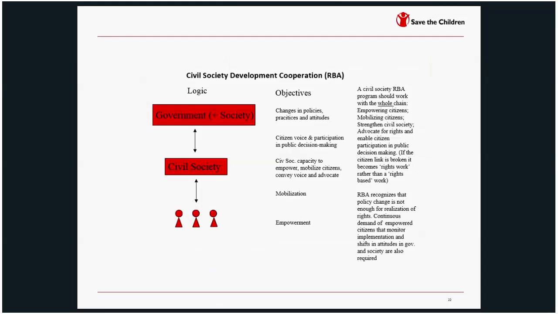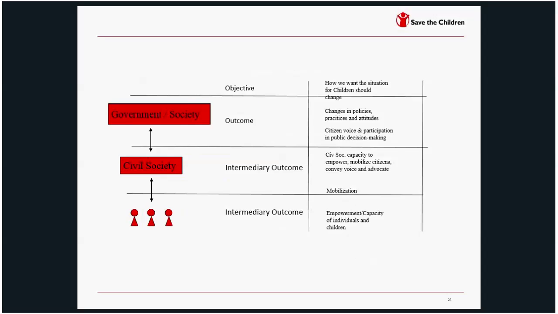And if you see these arrows, they're traced back. So it's not only going from one to the other. It's like, okay, how are these policies reflected? How children that have participated in decision making, they've been heard, their voice has been represented, and it leads to actual changes in policies. And in terms of a results framework approach, how could it look?